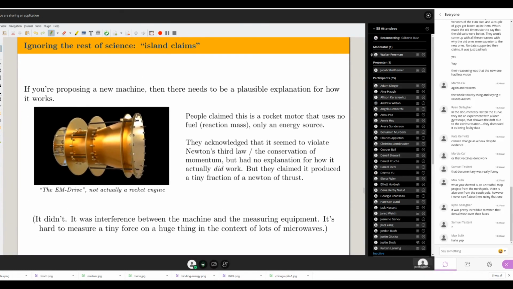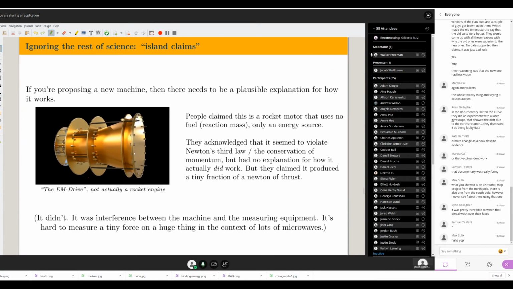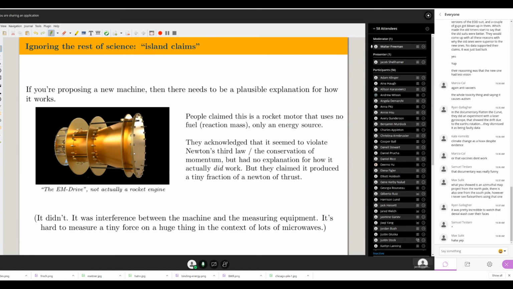A great example of this is the EM drive. There were people who had claimed to have invented a way to propel a spacecraft that was like a rocket but didn't actually use any fuel. It just needed energy. And they said, yeah, this appears to violate the conservation of momentum.